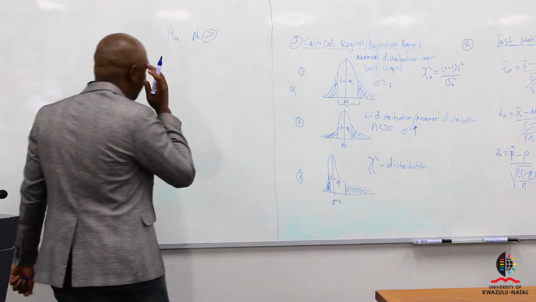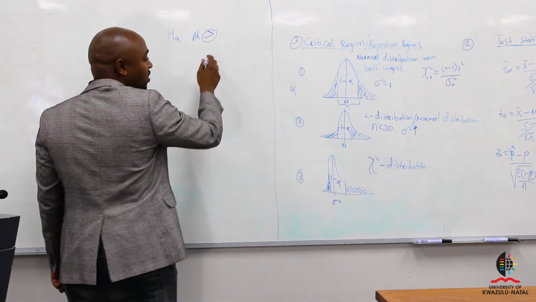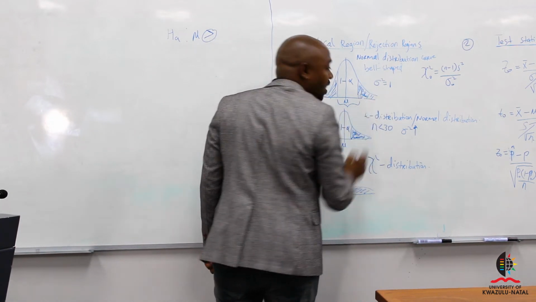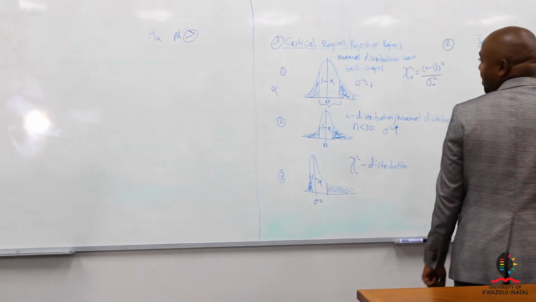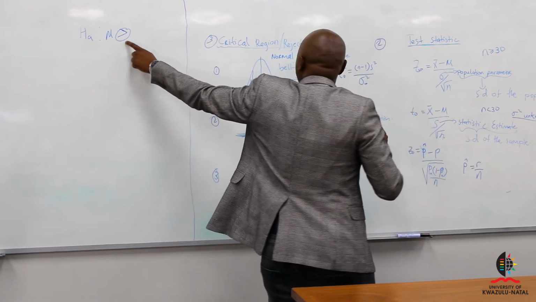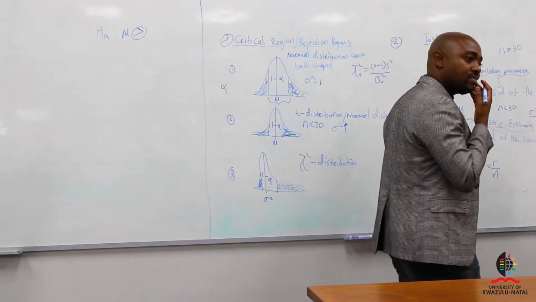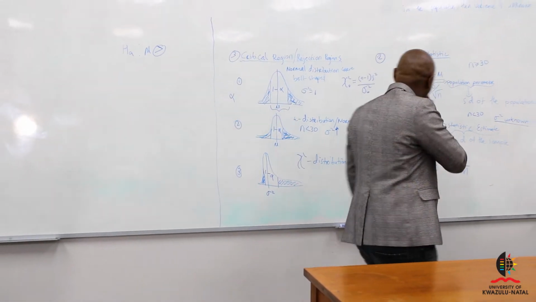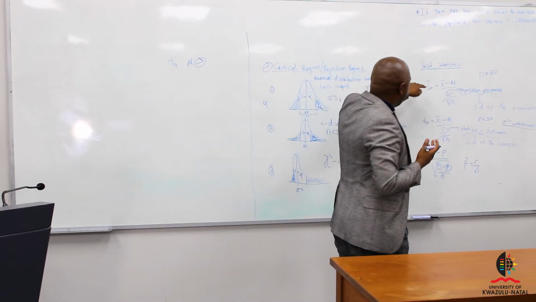What must click in your mind is that your critical region is on the right, so it's on this side or this side. Also, if your rejection region is on the right, it means your test statistic must be positive.